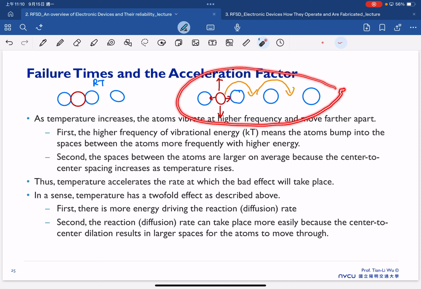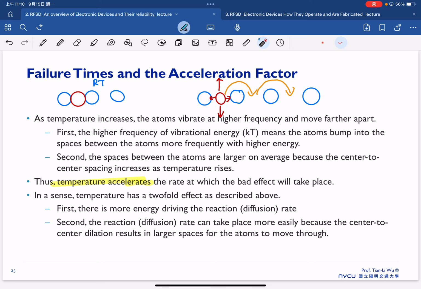Therefore, the temperature accelerates the rate, and that's why the temperature is a very important factor.